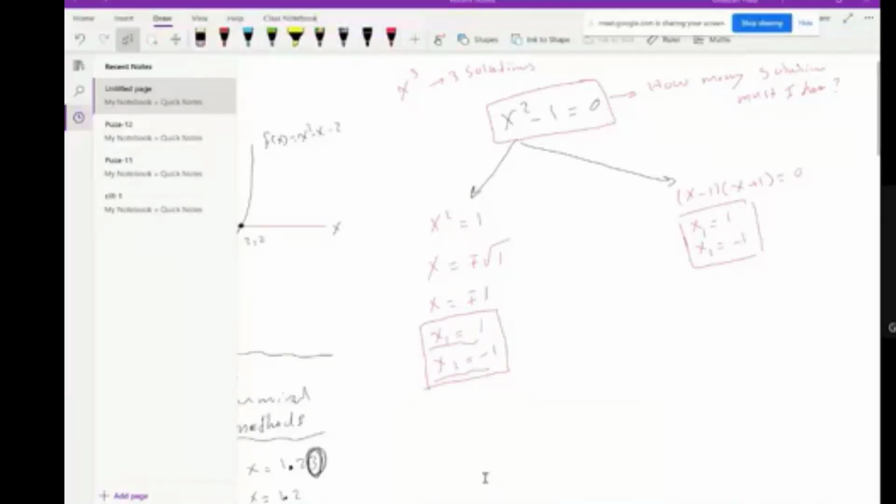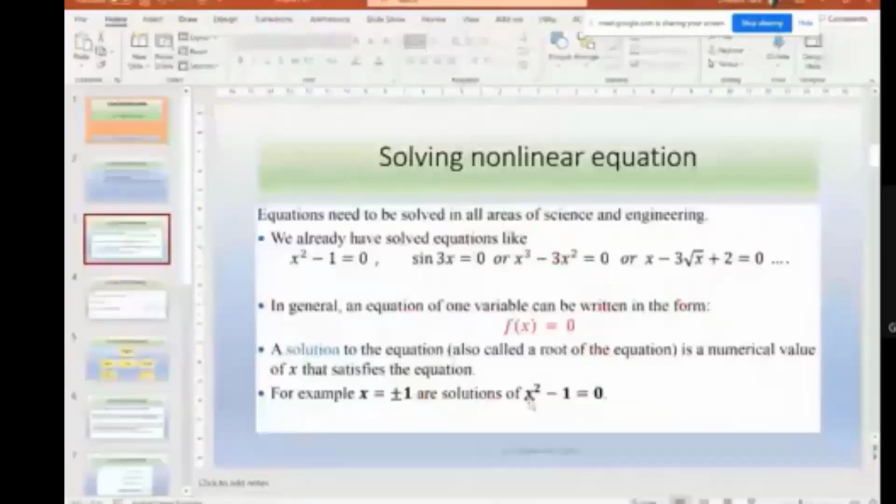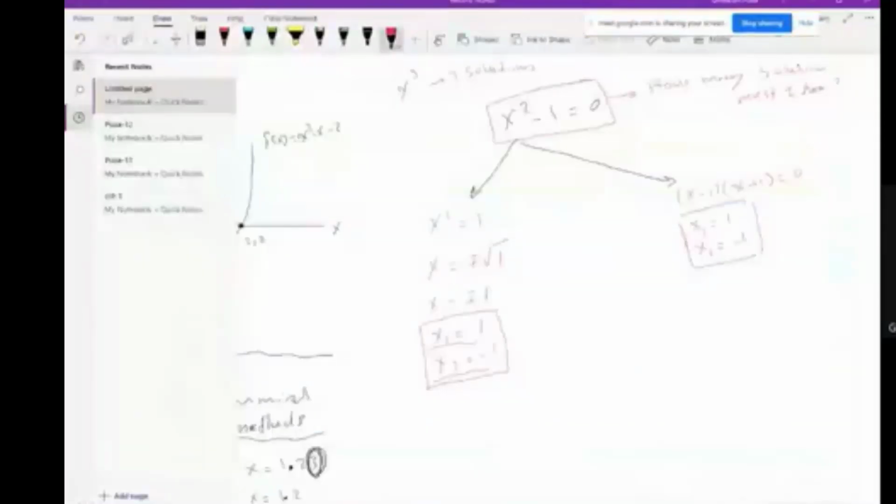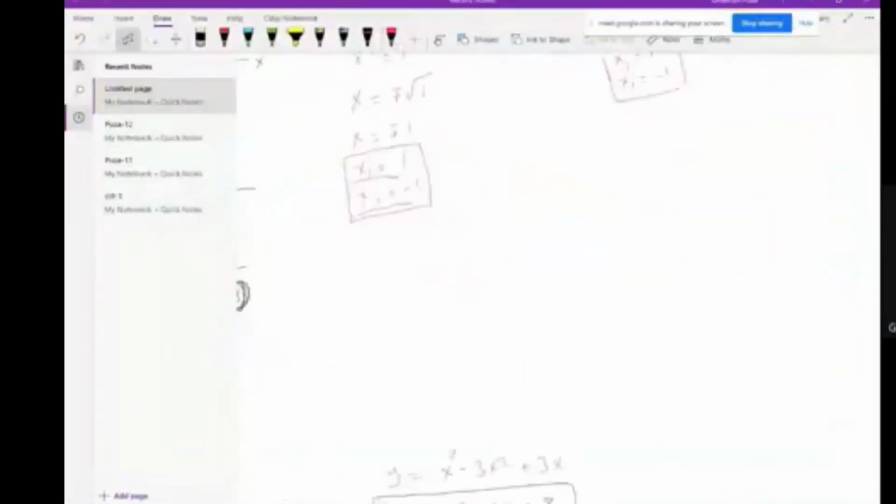Then, sorry, not this. Let's take this. X cubed minus 3x squared equals 0.